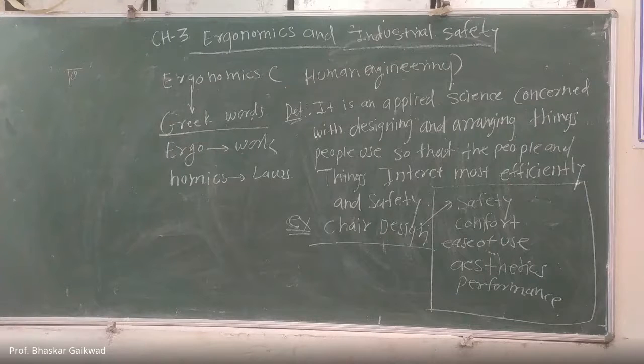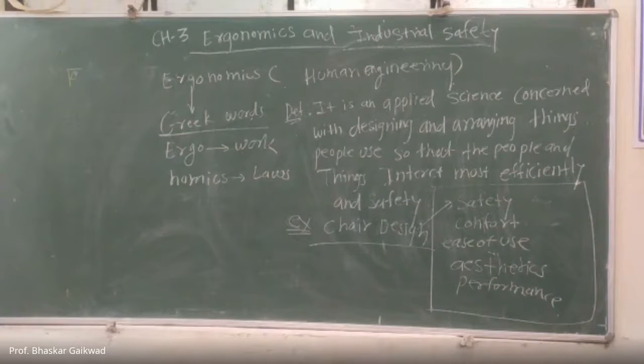For example, a digital vernier is easy to use, comfortable, and safe also. Aesthetics means it looks good, and performance means its durability and reliability. So while designing anything, you have to follow the ergonomics rules.